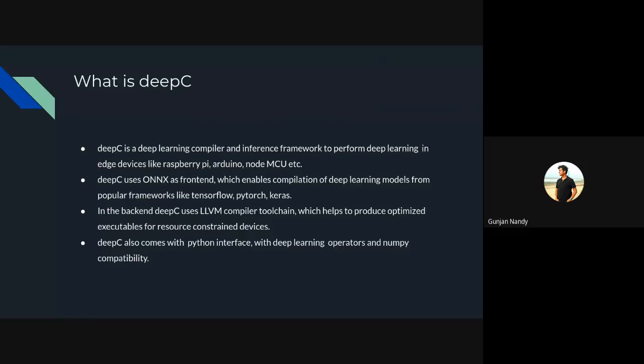And in the backend, deepC uses the LLVM compiler that helps it to do ahead of time compilation so that the models that become executables are highly optimized and well suited to the least resource enabled devices. deepC also comes with a Python interface if you are curious. So you can perform NumPy like additions and other stuff using our deepC framework too. And it has NumPy compatibility. We will be coming to that part later.